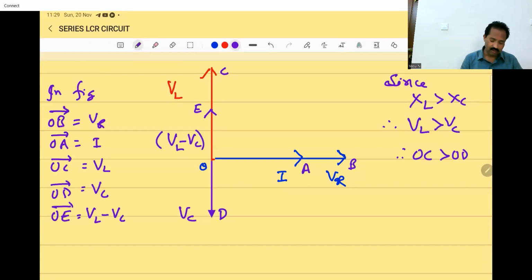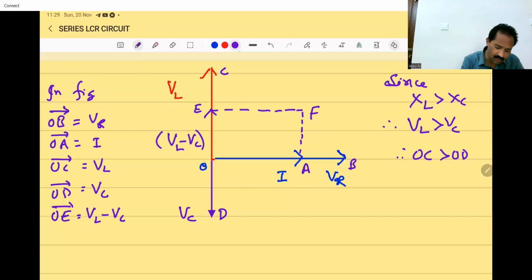Now, so the resultant of VL and VC is VL minus VC. Now let us construct one rectangle like this. Look, I will draw it like this from here. Look, like this. Okay? So let us call this point F. Look at that. So now draw diagonal OF.